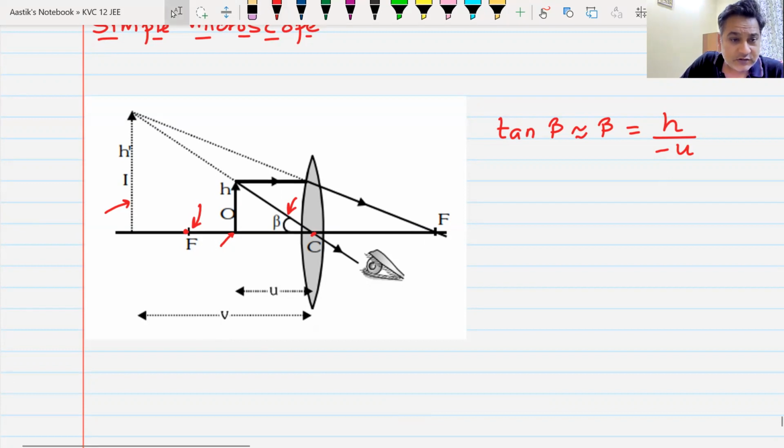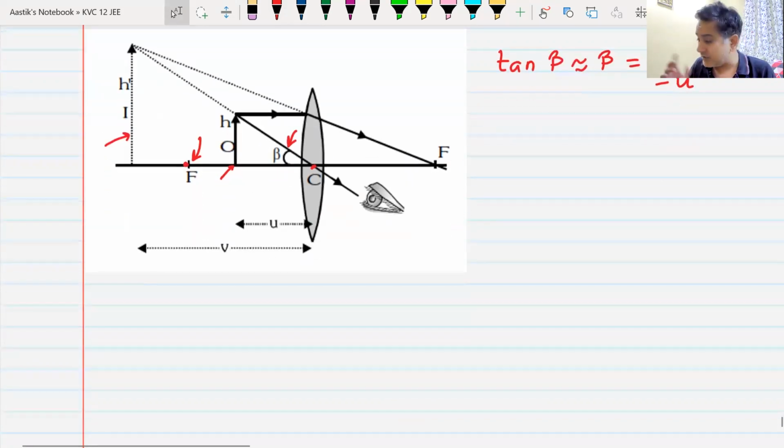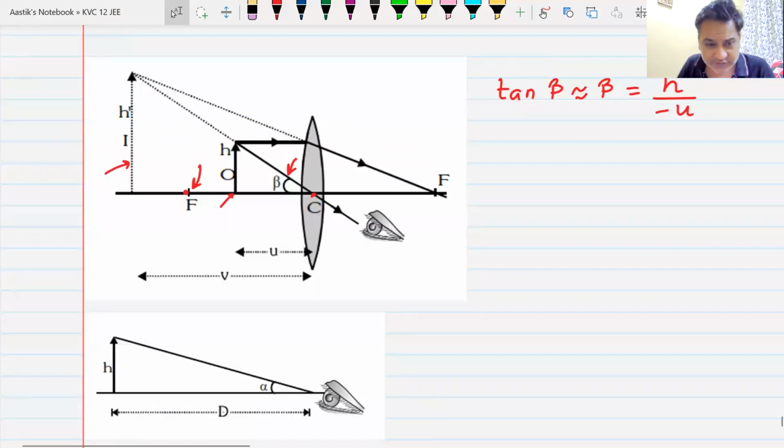Now, whenever we talk about microscope, we talk about the magnifying power of a microscope. The most important concept, the only concept that we have to understand about a microscope or a telescope is the magnifying power. How much can it magnify things? And how do we understand the magnifying power of any optical instrument? Through this small diagram that is drawn here.